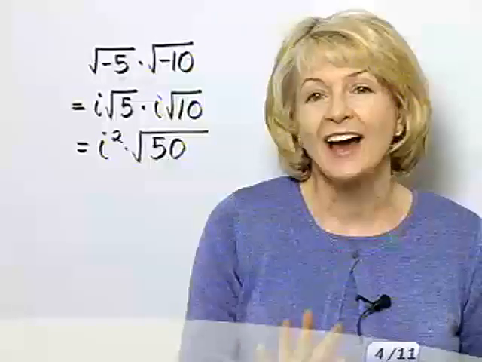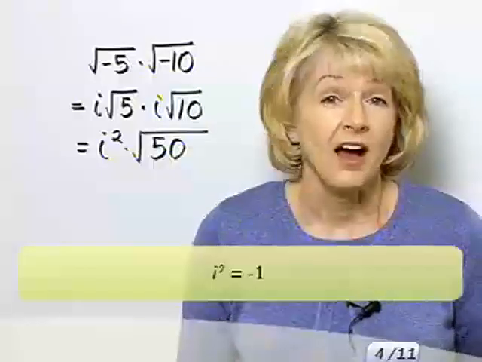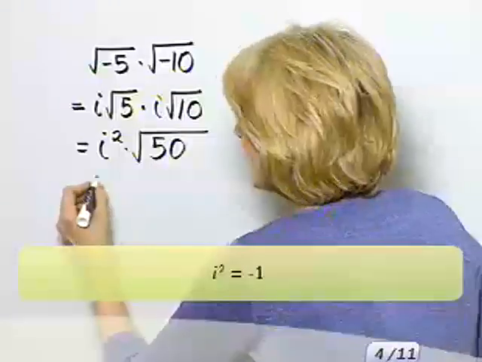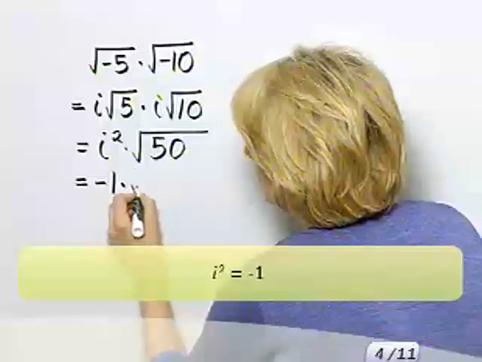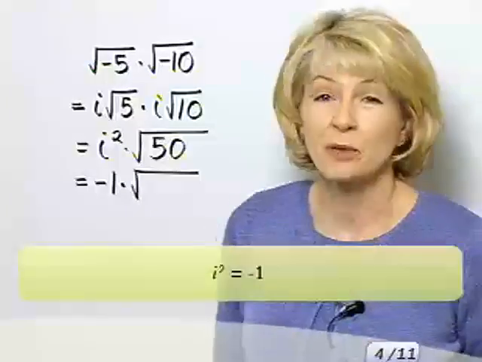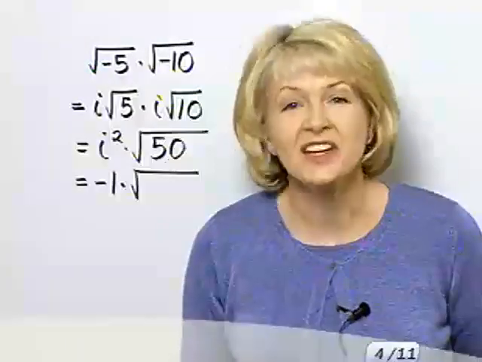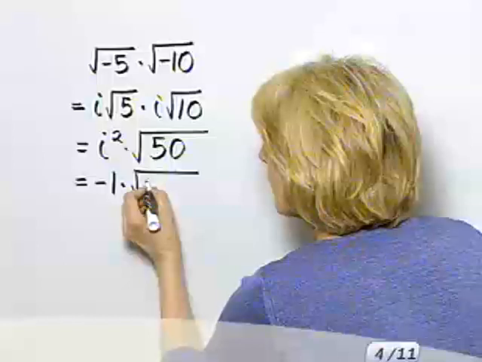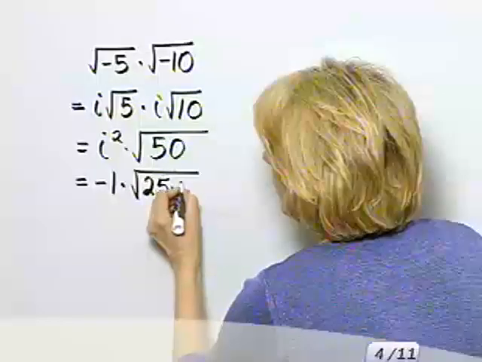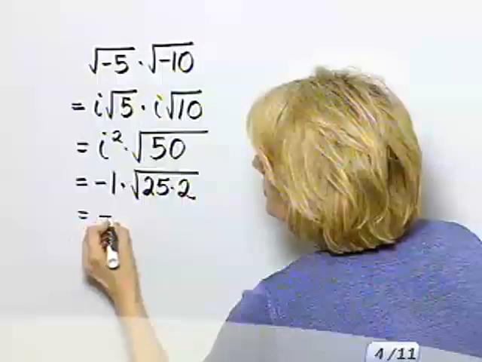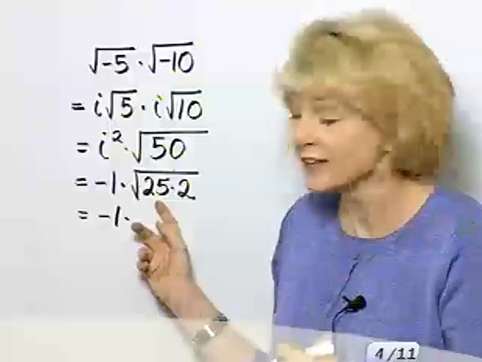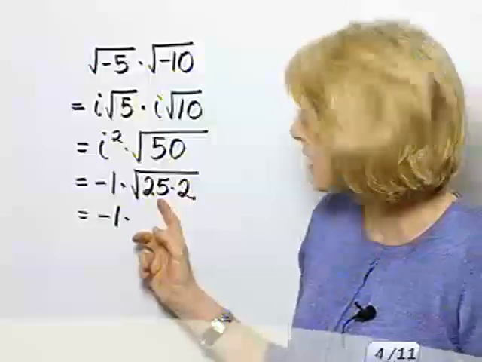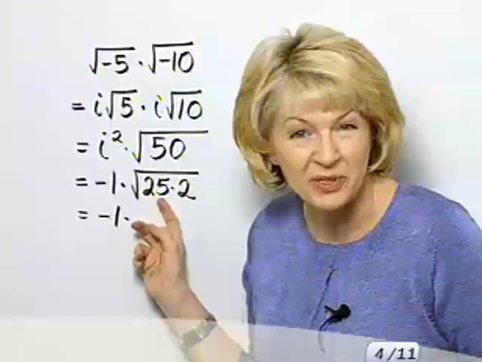By the way, how did we define i squared? i squared is negative 1. And then does 50 have any perfect square factors? The answer is yes. 50 is 25 times 2. So this is negative 1 times, and then by the product rule you can separate these two as the square root of 25 times the square root of 2.